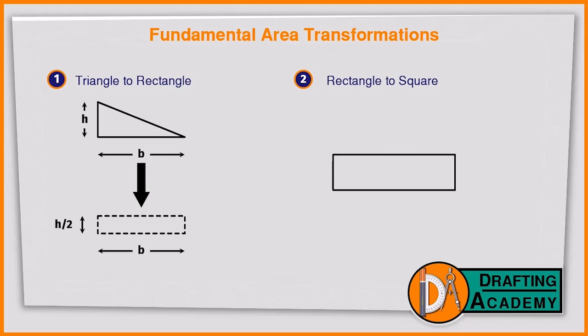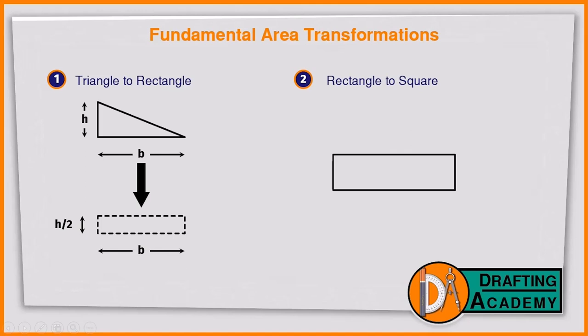It doesn't matter where this top vertex is, whether it's on top here or in the middle, as long as you get the perpendicular distance from the base to the top vertex, you're going to have a height. If you divide that distance by 2, having h over 2, the rectangle that you form using your base and that new height is going to give you a rectangle of equivalent area.